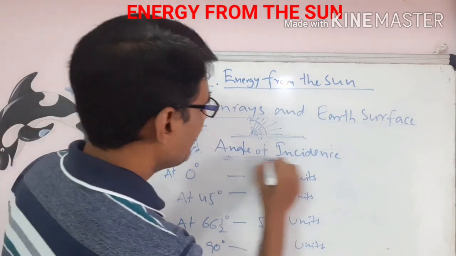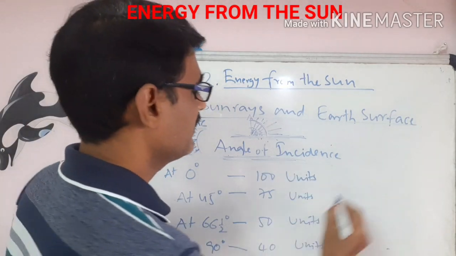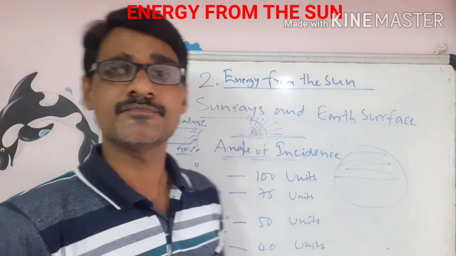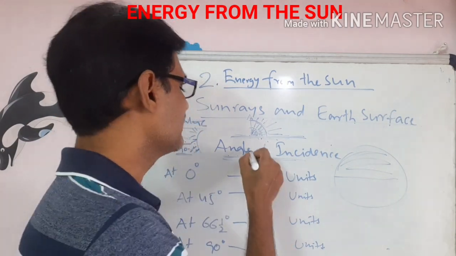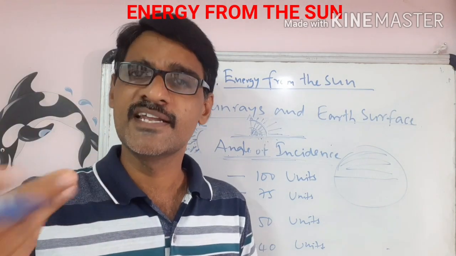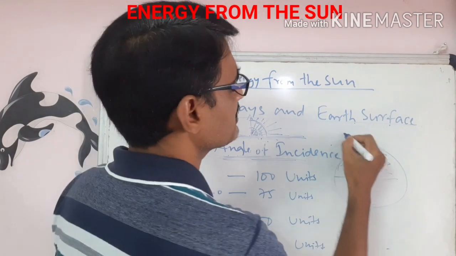The angle of incidence in the northern hemisphere is increased in the November and December months.